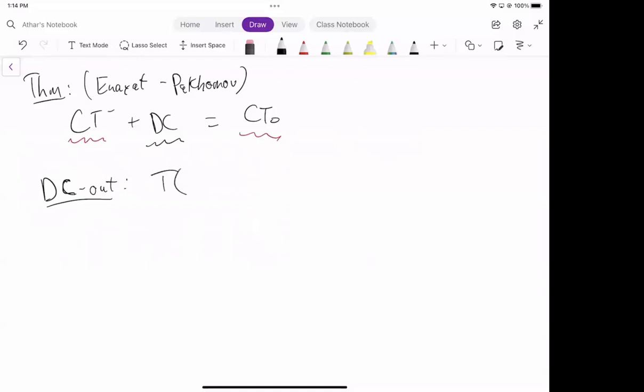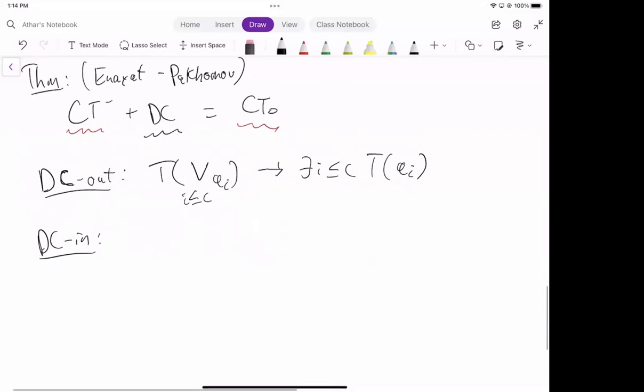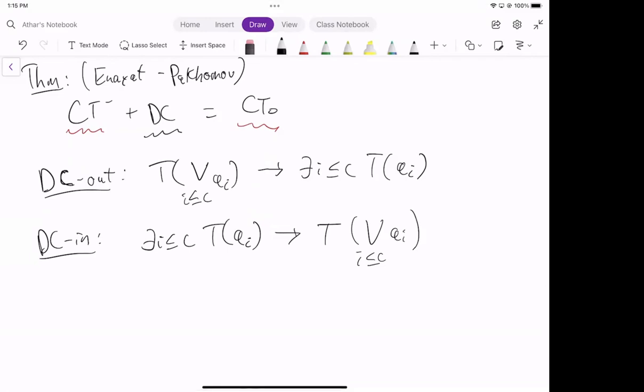If you have a true disjunction, you should be able to conclude that there is a true disjunct. And if you have a true disjunct, you should be able to conclude that the entire disjunction is true. And so they showed this one is not conservative, and this one is conservative.